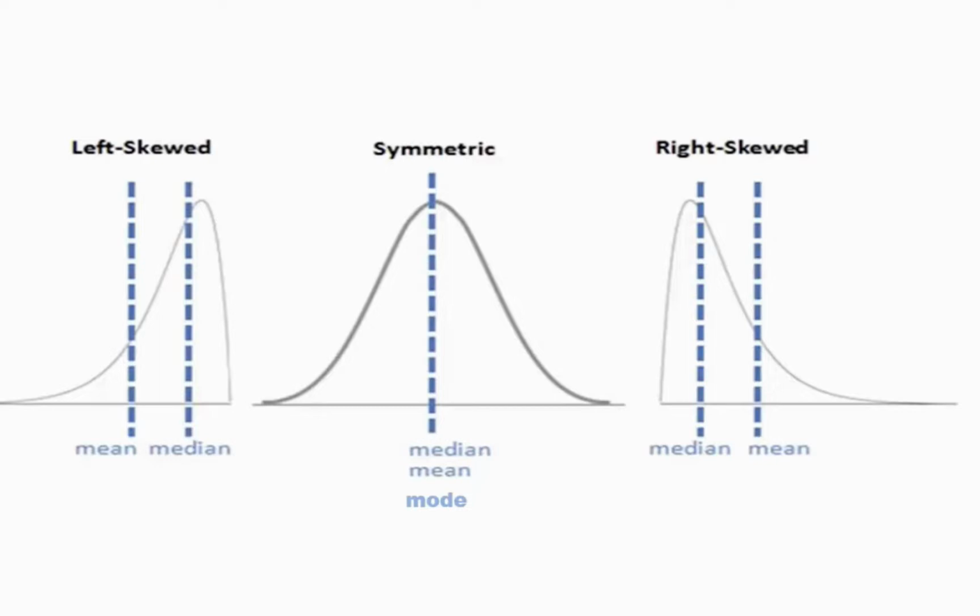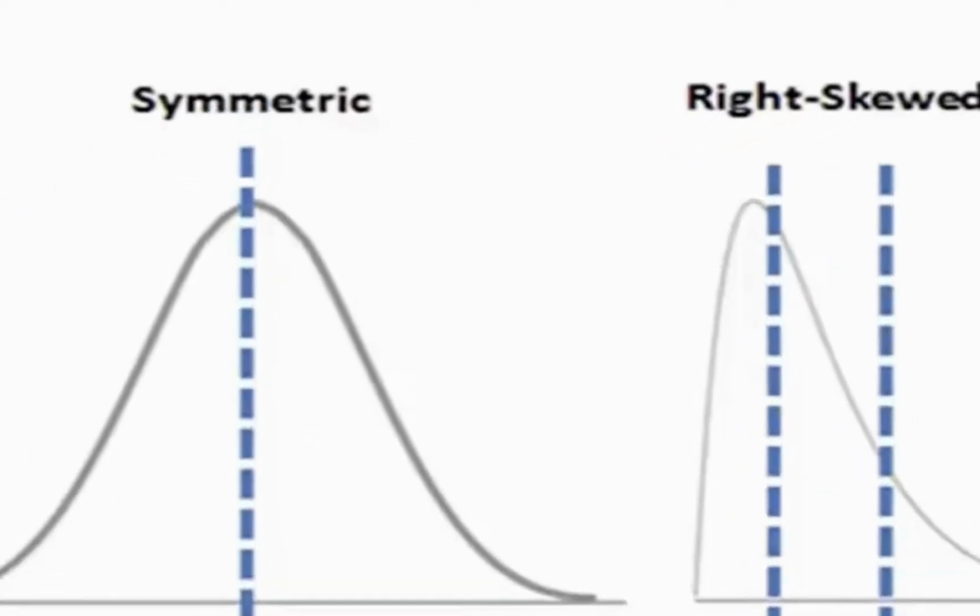On the other hand, if we ask which measures of central location are not affected by extremely small or extremely large values, then you are looking at the median and the mode. Those two are not affected by the extreme values.